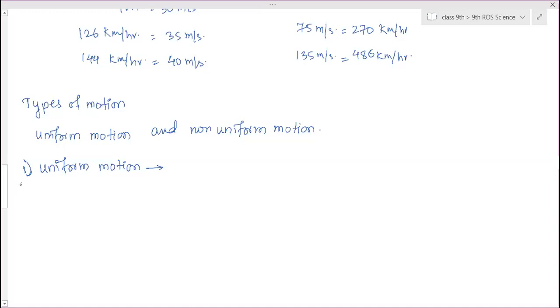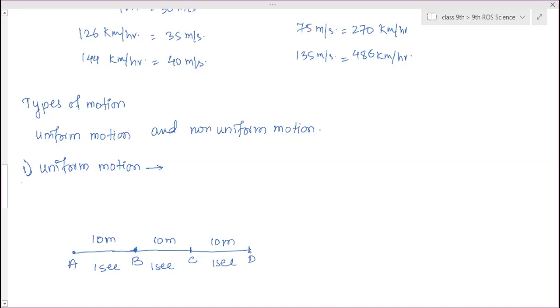Take a very small example: an object is moving from A to B. If it covers 10 meter distance in 1 second, then again it moves from B to C, 10 meter distance in the next 1 second. Moving from C to D is also in one second, 10 meter of distance covered in 1 second, and so on.